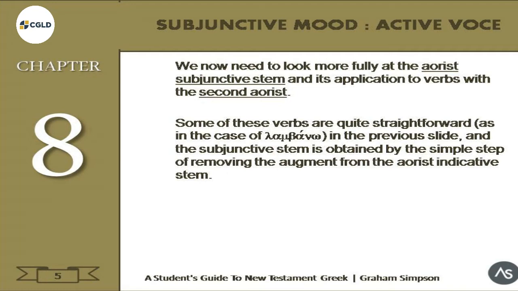The subjunctive stem is obtained by the simple step of removing the augment from the aorist indicative stem. That's all we need to remember. If you look at the table below, here is the list of such verbs and the combinations of both aorist indicative and aorist subjunctive.